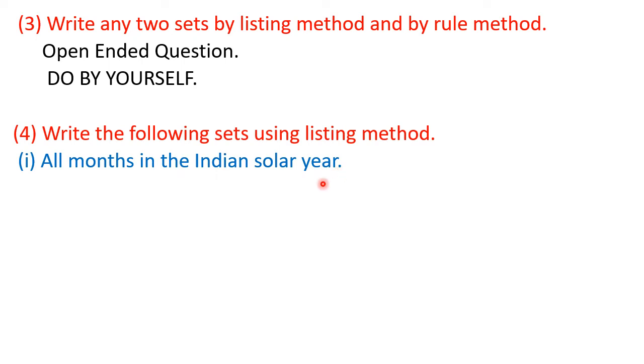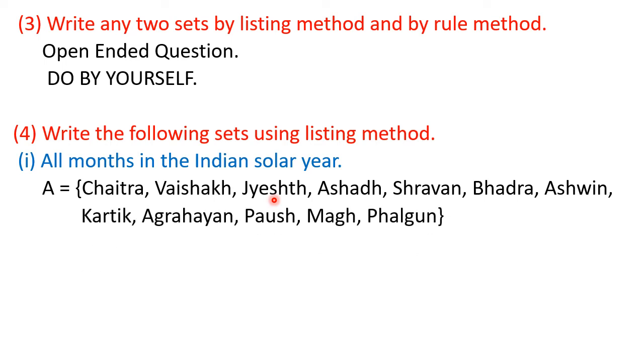You know that we use two types of calendars, solar calendar and Gregorian calendar. Gregorian calendar means what? January, February, March and so on. And solar calendar means what? Marathi months, Chaitra, Vaishakh and so on. So here you have to write those months, all the 12 months of the Indian solar year.